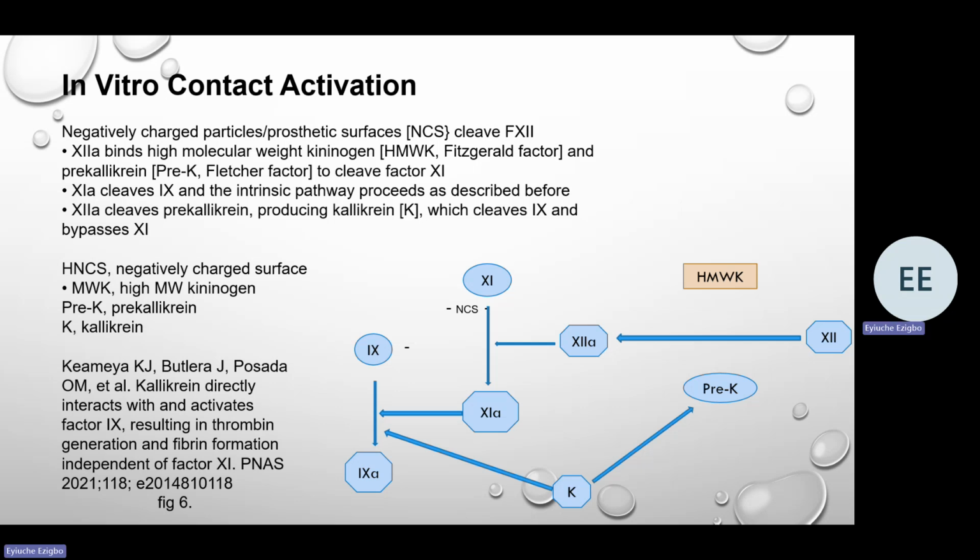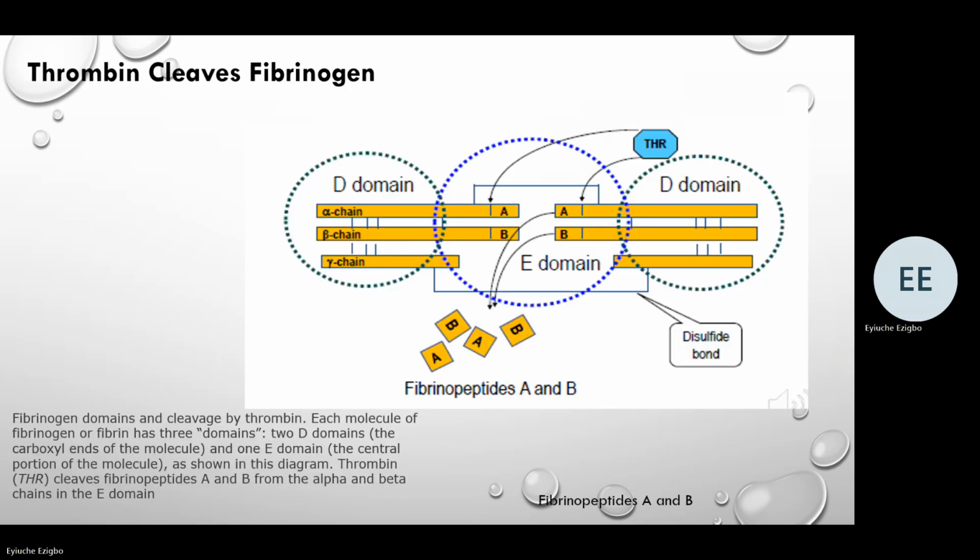So if you're running laboratory assays and APTT is prolonged and the patient is not manifesting any clinically significant coagulation symptoms, you think of the contact pathway and try to analyze what will be the next line of action. So that is the clinical significance of this contact activation pathway.